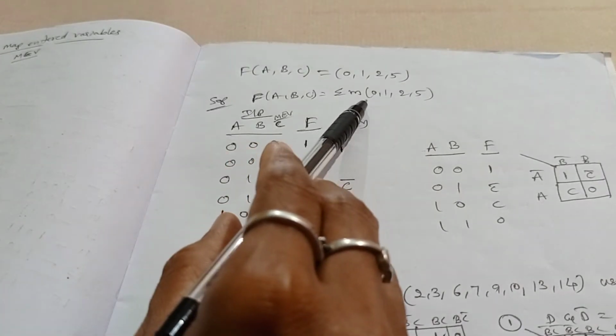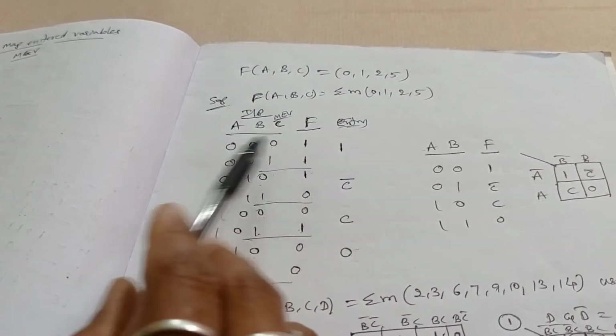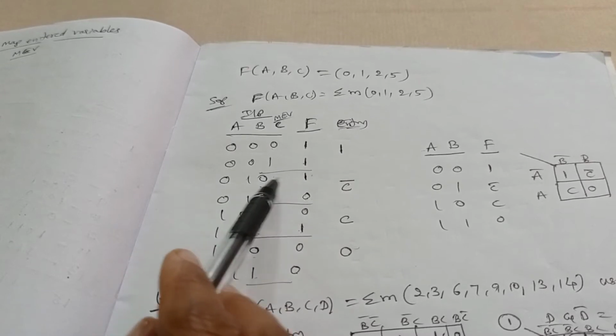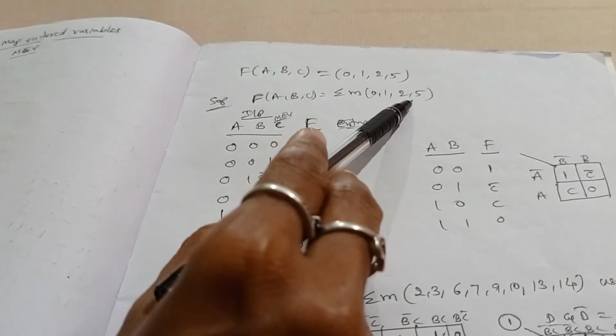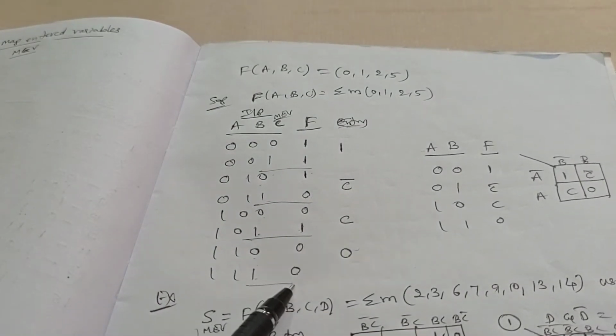For 0, output 1. For 1, output 1. For 2, output 1. For 3, 0. For 4, 0. For 5, output 1. For 6, 0. For 7, 0.